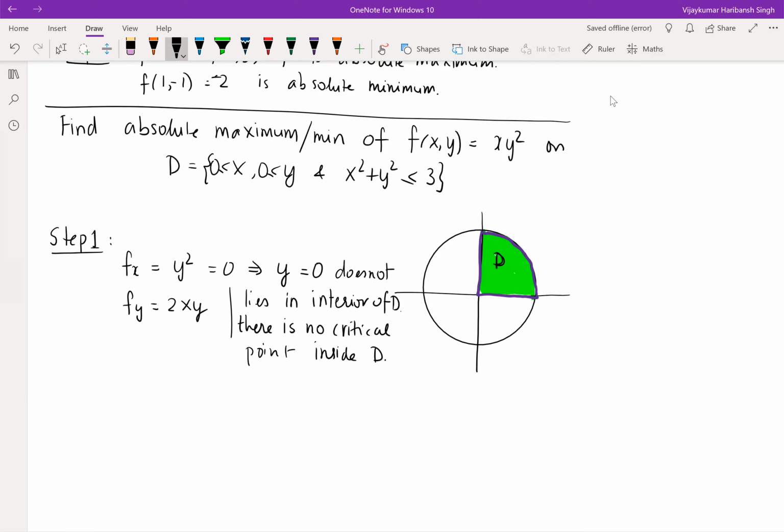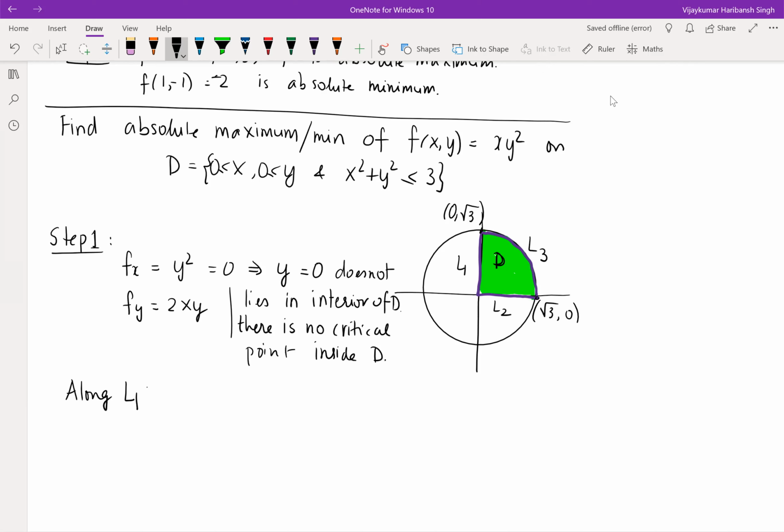So now all we have to do is study the function along the boundary. So let's call these L1, L2, L3. So let's see along L1. This point is going to be 0, square root of 3. This is going to be square root of 3, comma 0.